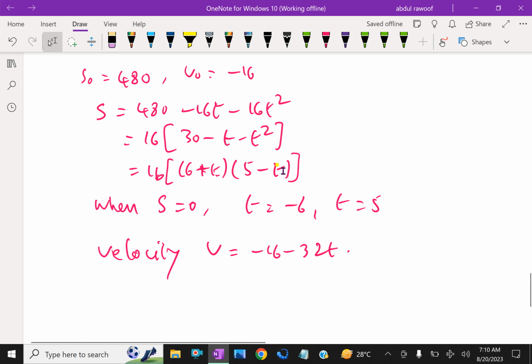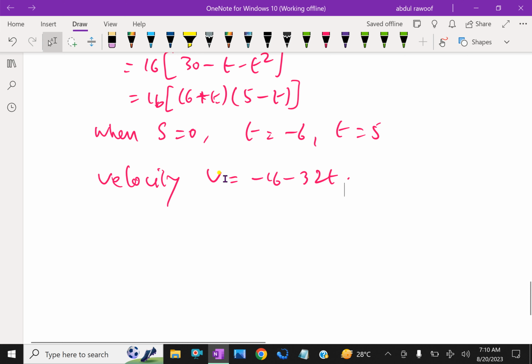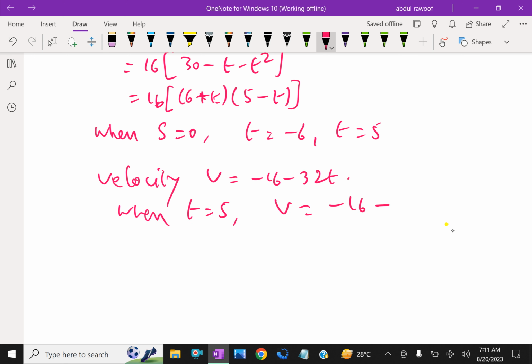Since here v0 is minus 16, the differentiation of s is v. Therefore, when t equals 5 seconds, then v equals minus 16 minus 32 into 5, equals minus 16 minus 160, which is equal to minus 176 feet per second.